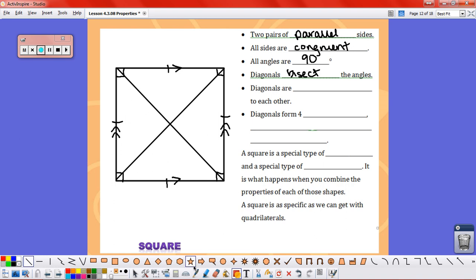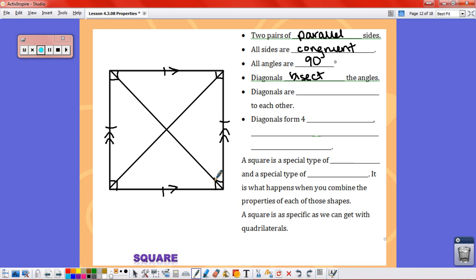So that means that this angle is equal to this angle is equal to this angle, and so on and so forth. And they are all equal because they are splitting a 90-degree angle in half, so they are all 45-degree angles. Diagonals are perpendicular to each other, so they make 90-degree angles.